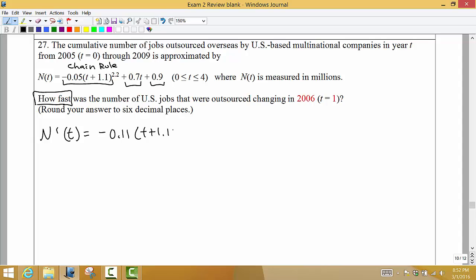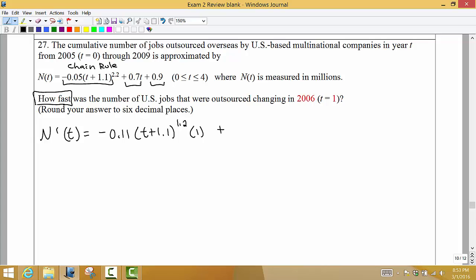That's t plus 1.1. We're going to reduce that power by 1, so that's 1.2, and then multiply by the derivative of the inside. Well, the derivative of the inside function is just 1, so just multiply by 1, which is not going to change anything. If you want to, you can write it just to make sure that we did take the derivative of the inside.